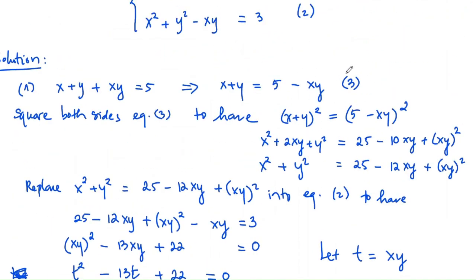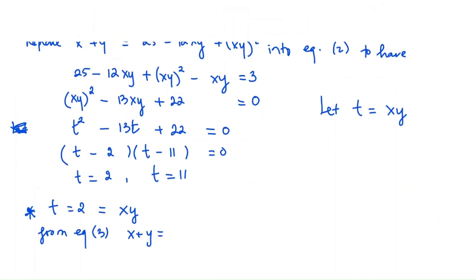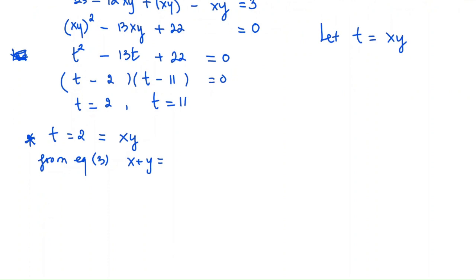Going back to equation 3, we have x plus y is 5 minus xy, which is 5 minus 2, equal to 3. For the other case, t equal 11 and equal to xy, we have x plus y equal to 5 minus 11, which is negative 6.